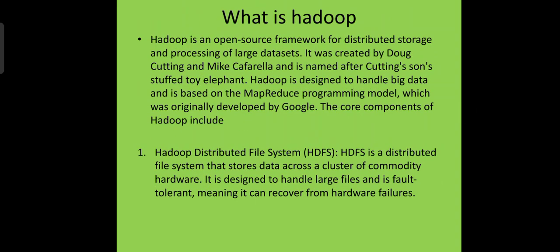First of all, Hadoop is one of the most essential software frameworks used in big data to analyze large amounts of data. Hadoop is an open source framework for distributed storage and processing of large datasets. It was created by Doug Cutting and Mike Cafarella, and is named after Cutting's son's toy elephant. Hadoop is designed to handle big data, and it is based on the MapReduce programming model, which was originally developed by Google.